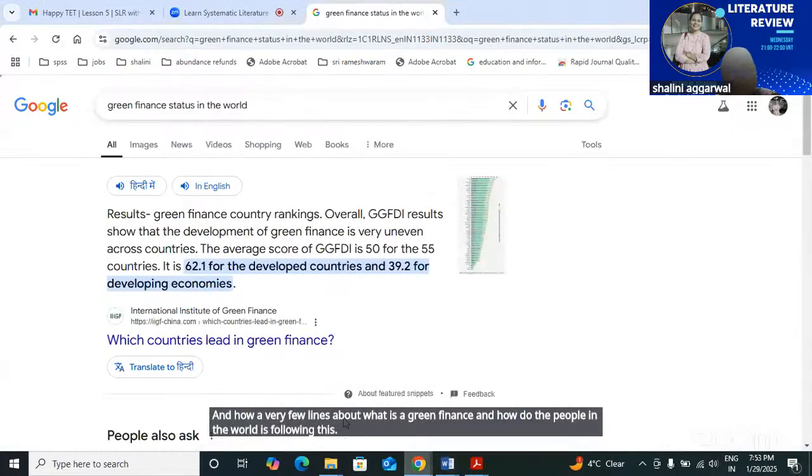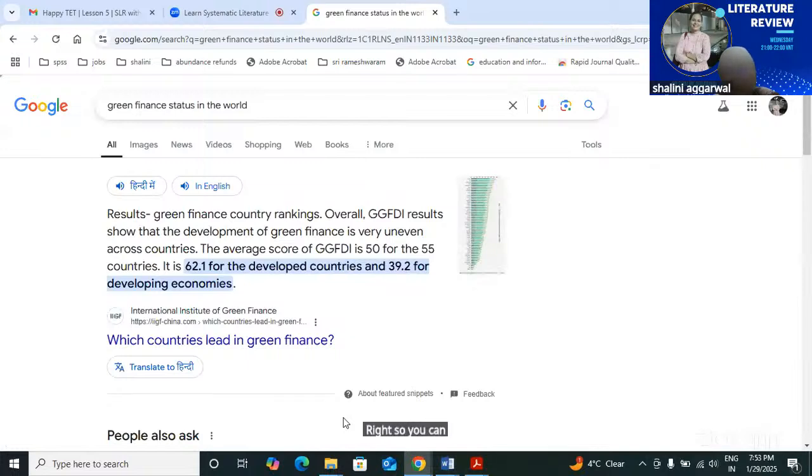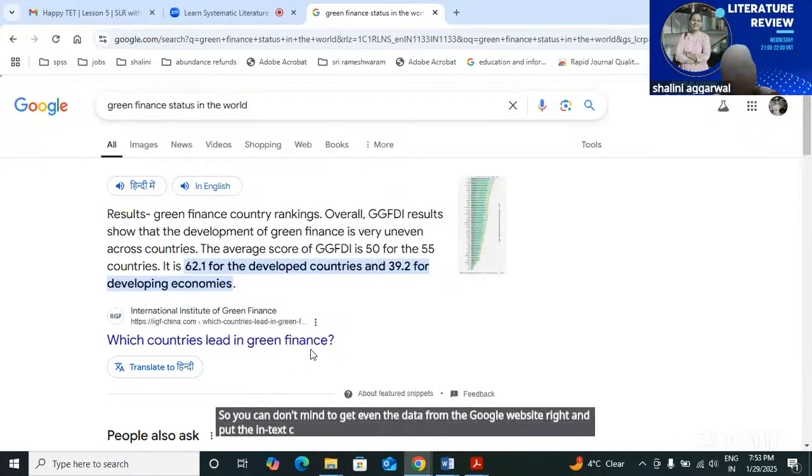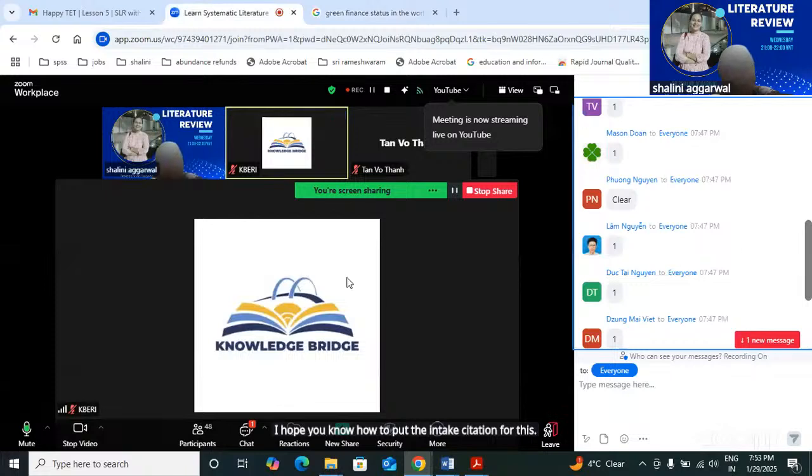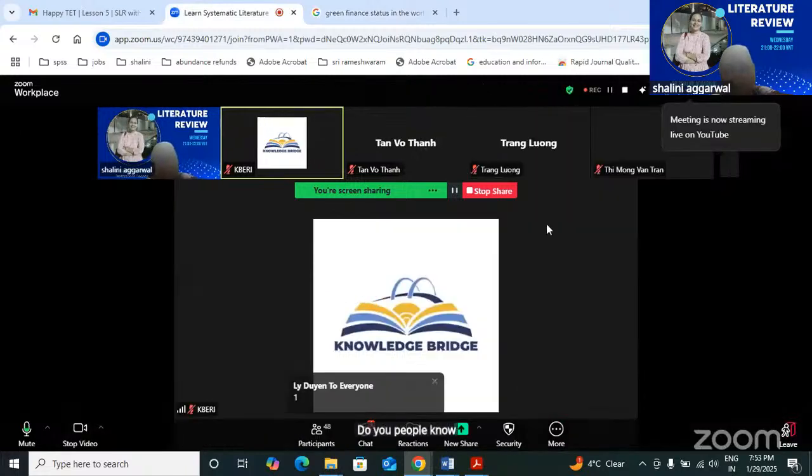Don't mind getting even the data from the Google website, and put the in-text citation if you have taken anything from the Google website. I hope you know how to put the in-text citation for this. Do you people know how to put the in-text citation?